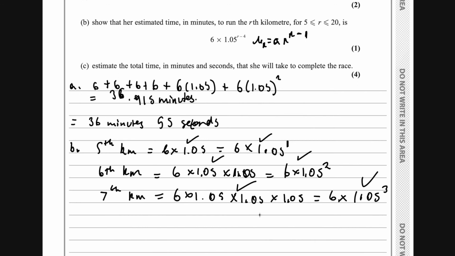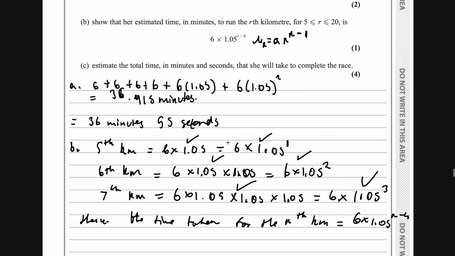And indeed that applies to both sides of this particular proof here. And hence, I'm just going to put the last sentence here, hence the time taken for the, and I'm going to use their language here, half kilometre is equal to 6 times 1.05 times r to the power of n minus 4.